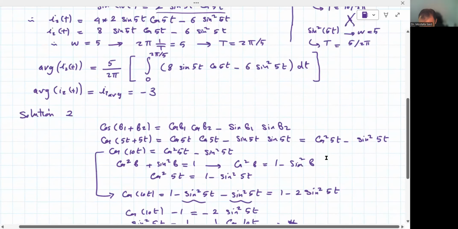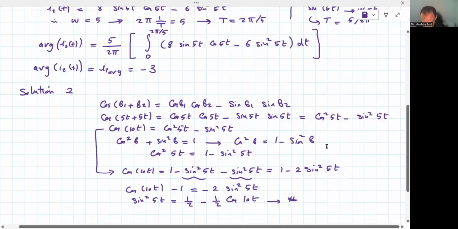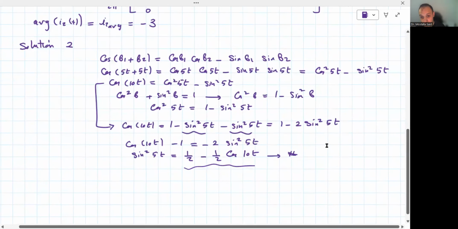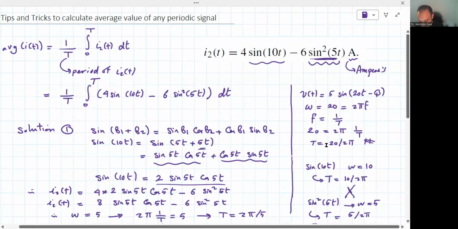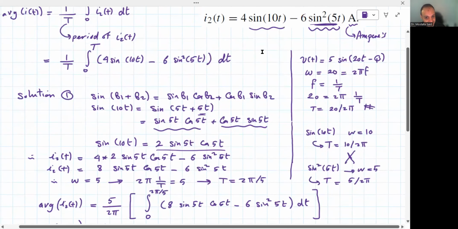We're going to go back to our original question. We have sine square 5t here, so we remove sine square 5t and put 1/2 minus 1/2 cosine 10t. The first term is sine 10t, and the second term will also have something with 10t. So again, we unified the angle.